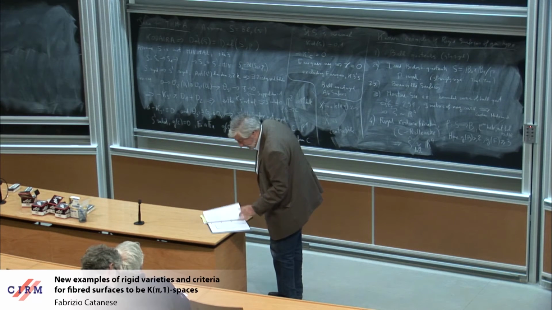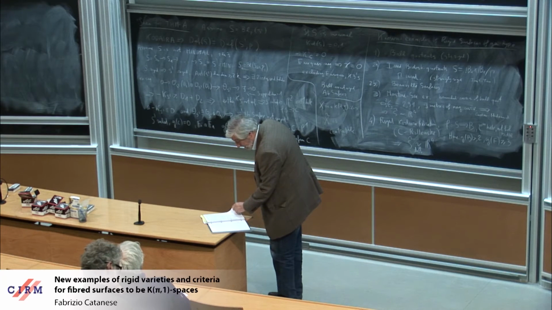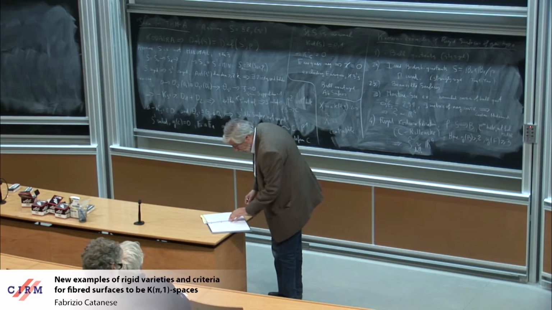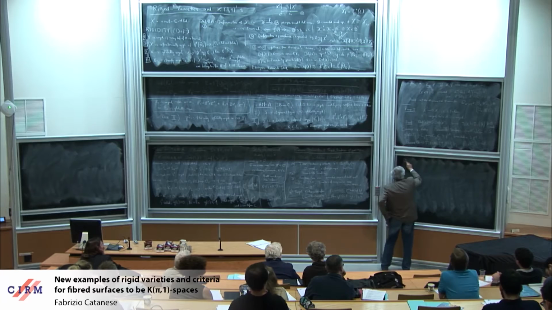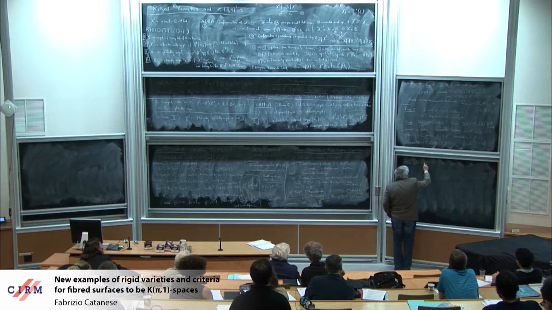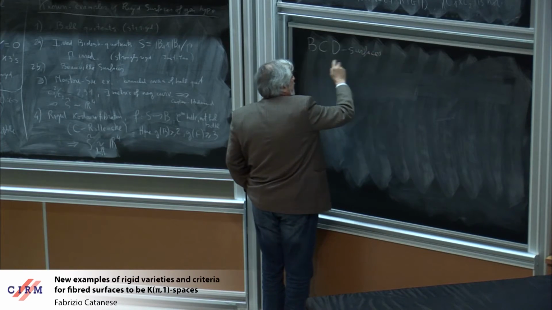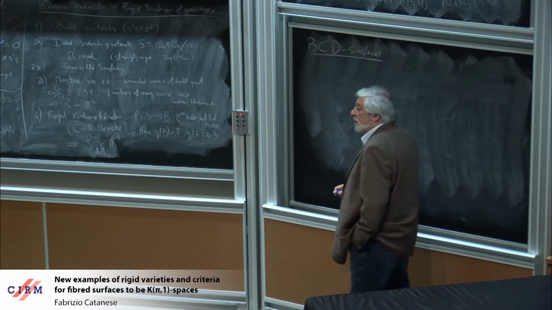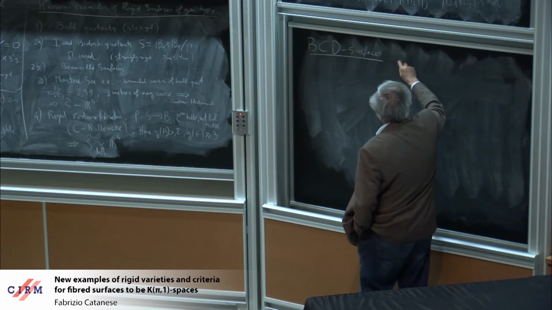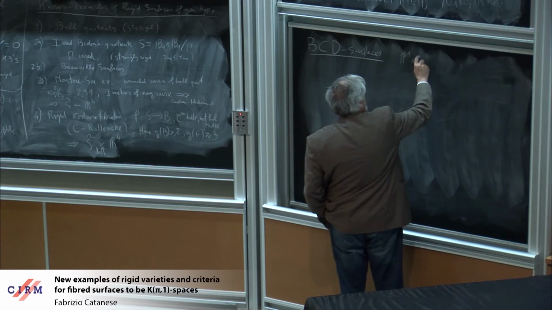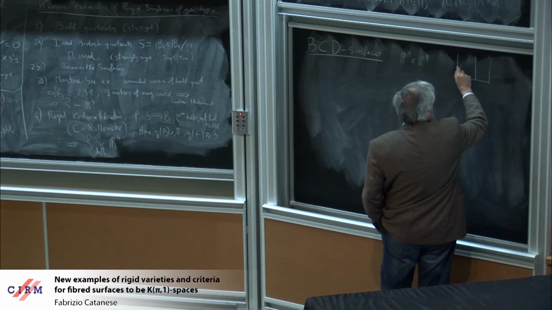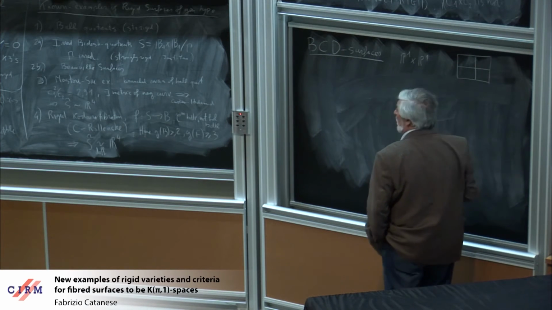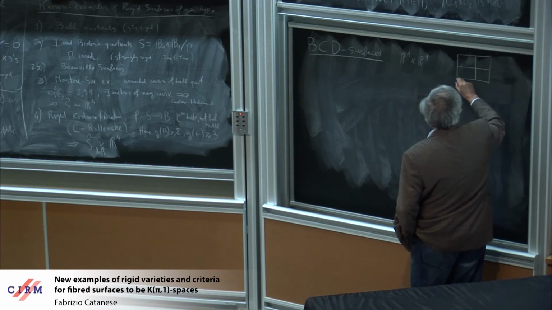This page disappeared. Let's see. Okay, so let me describe the BCD surfaces. You take P1 times P1, and then you take the horizontal and vertical lines corresponding to 0, 1, infinity, and the diagonal.